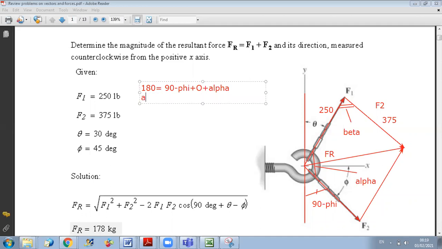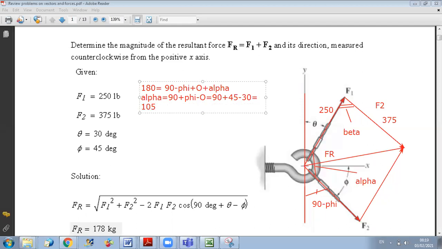Alpha will be equal to 90 plus φ minus θ. Since phi and theta are given, I can replace numerically. So it is equal to 90 plus 45 minus 30, which is 105.